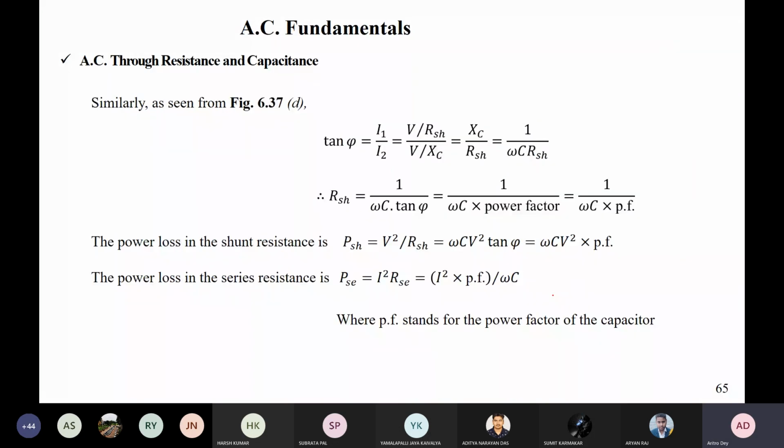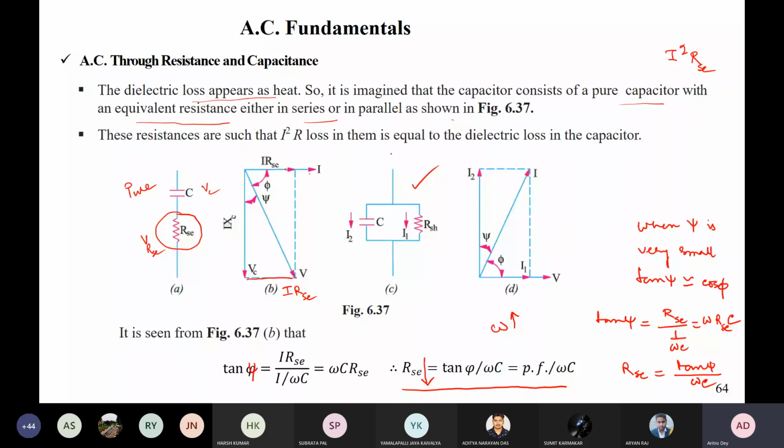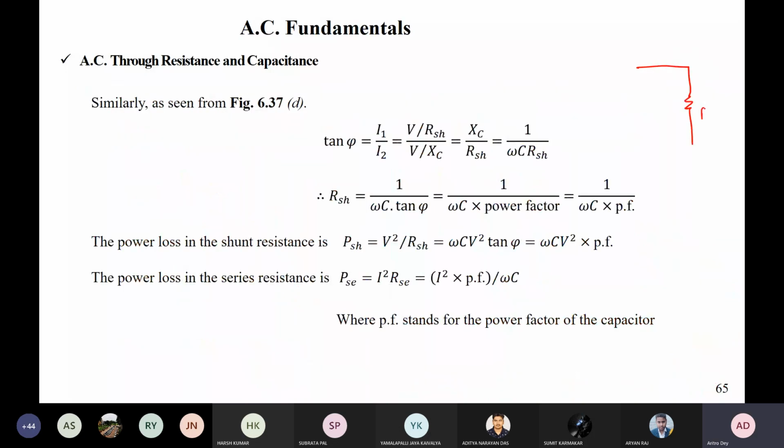So if we take the other thing, when we have a parallel path, like you have a capacitor, and this is your R_SH shunt, which is modeling your dielectric loss. Then this is your I current, this is I1, this is I2. So if we draw the phasor diagram, now we'll take I as our reference phasor.